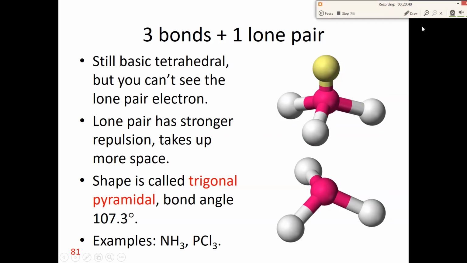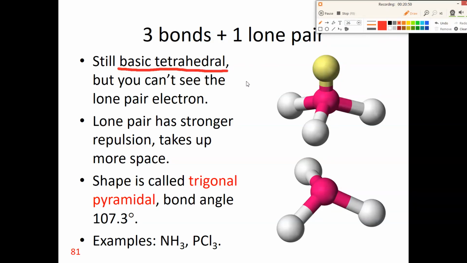Right. The next one is derived from the tetrahedral structure. It's based on the tetrahedral structure. However, in this structure, this yellowish ball is a lone pair.